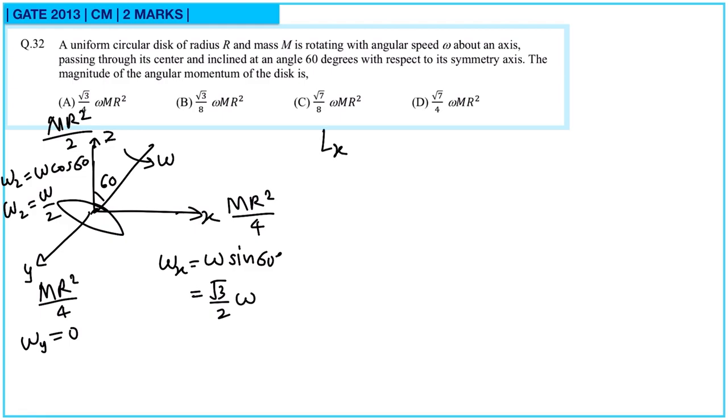Now Lx is Ix omega x, which is equal to mr square by 2. Yeah, the disk is like this only. This omega axis is the tilted axis. So we can write it like this.